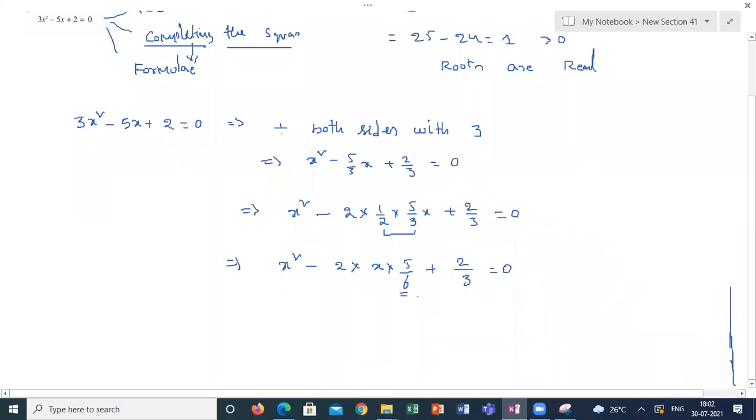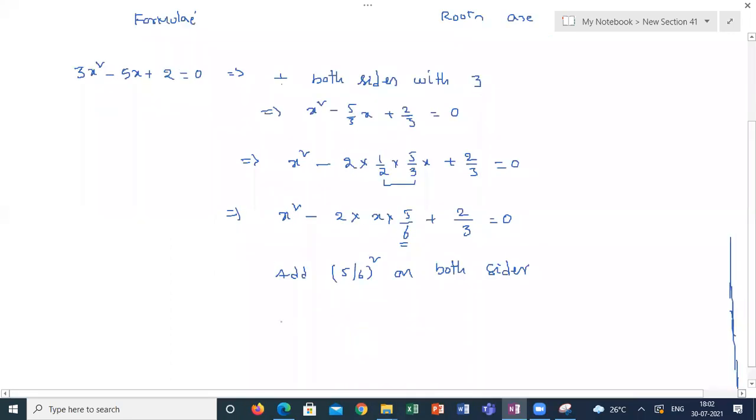How much is required to make it a perfect square? I need 5 by 6 whole square. So add 5 by 6 whole square on both sides. X square minus 2 into x into 5 by 6 plus 5 by 6 whole square is equal to minus 2 by 3 plus 5 by 6 whole square.